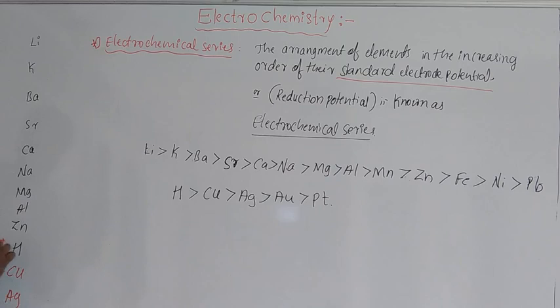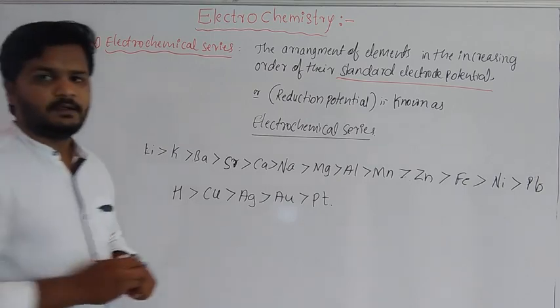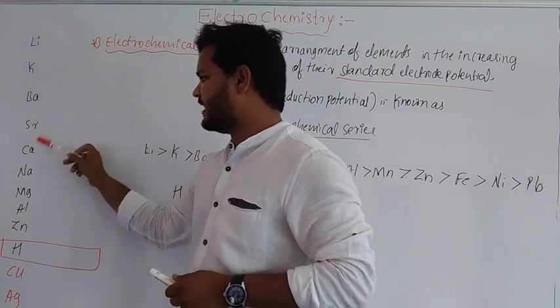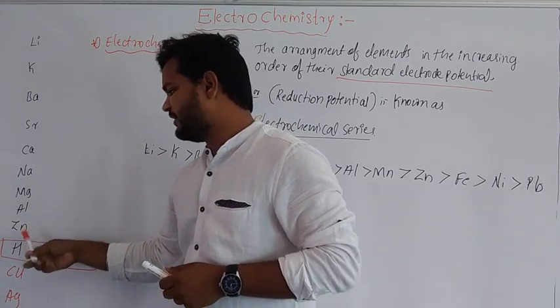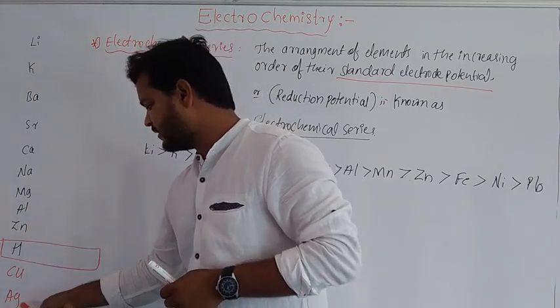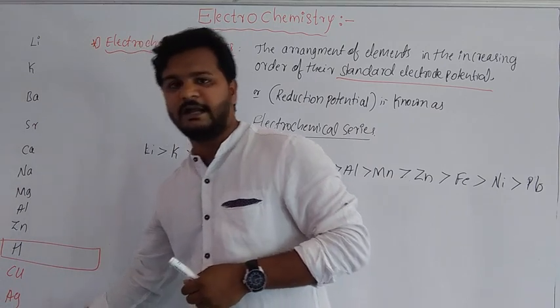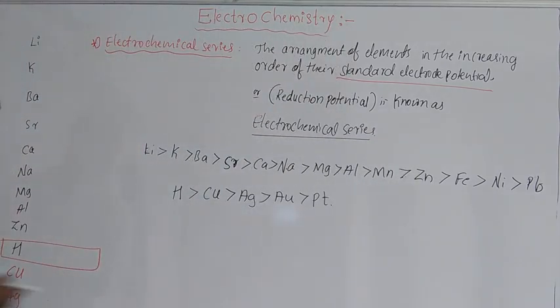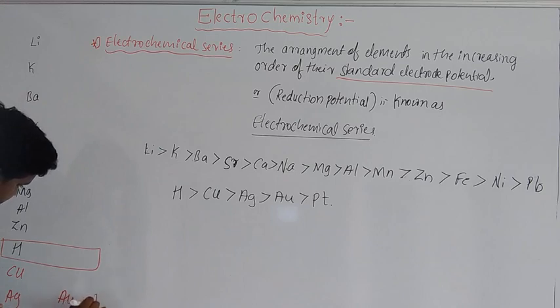So this hydrogen is a boundary for different applications. So students, the order is: lithium, potassium, barium, strontium, calcium, sodium, magnesium, aluminium, zinc, hydrogen, copper, silver, gold, and platinum. I will write here hydrogen, after this copper, Ag, and next Au and platinum, meaning gold and platinum.